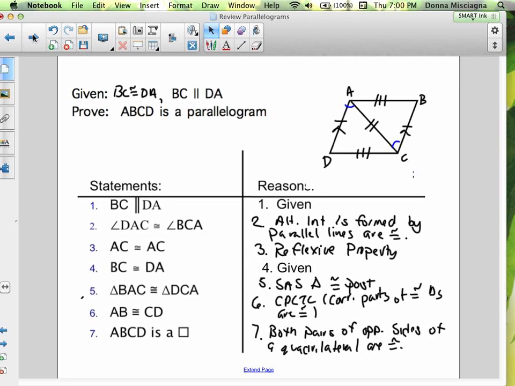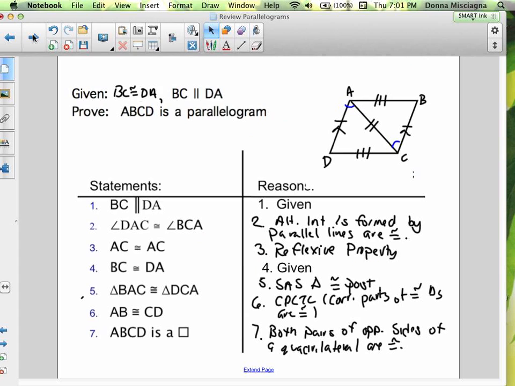Now, there is a question on the formative that is very, very similar to one of the proofs that we did, proving the features of a parallelogram. And actually, specifically, proving the ways to prove a figure is a parallelogram.